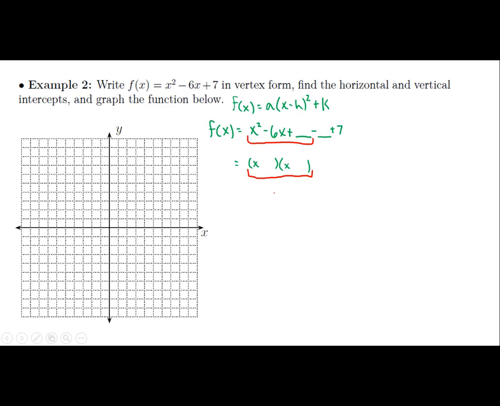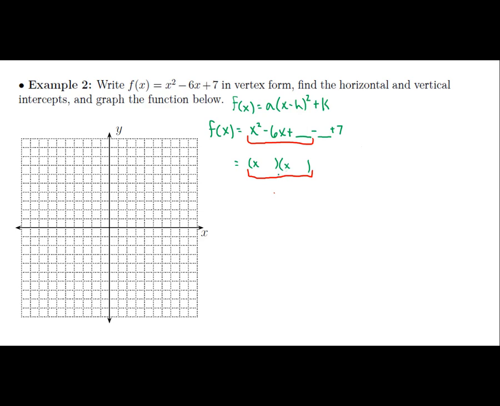So the question that we ask at first is, how do I ensure that this multiplies out to make this? Well, first let's look at this middle term. This middle term needs to be negative 6x. And where does that come from? It comes from the outside plus the inside.